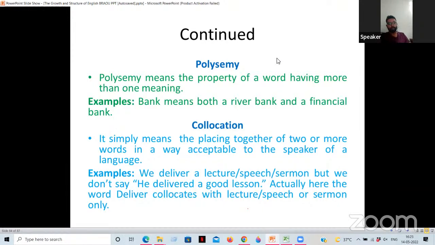So we deliver a lecture, sermon, or speech, but we don't say that he delivered a good lesson. Here the word deliver collocates with lecture, speech, or sermon only, not with anything else. So this is what is called collocation, when two or three words are put together to make someone understand that particular thing that I want to say.